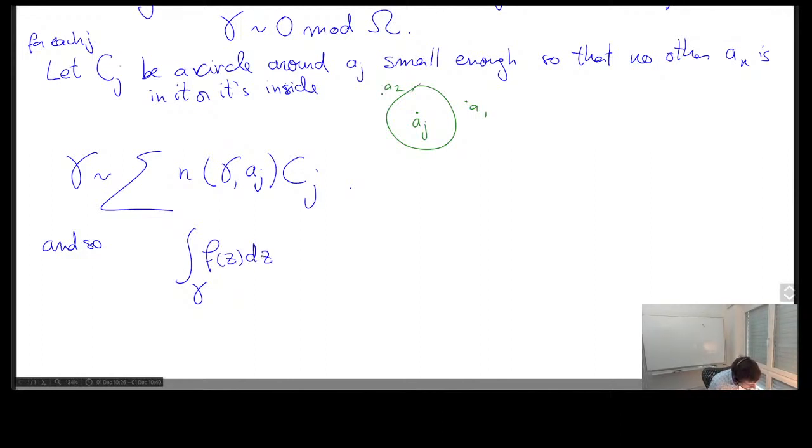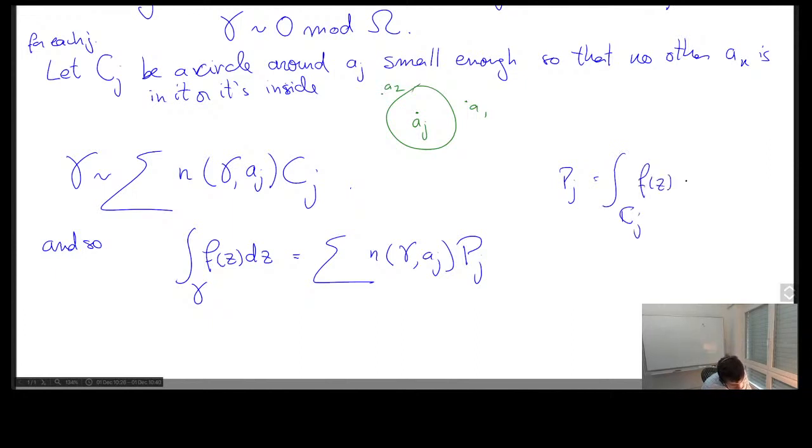So this is equal to the sum over this, where the periods, this is how we define the periods, it's just the integral on C_j of f(z) dz. But now remember, the periods were equal to 2 pi i times these residues.